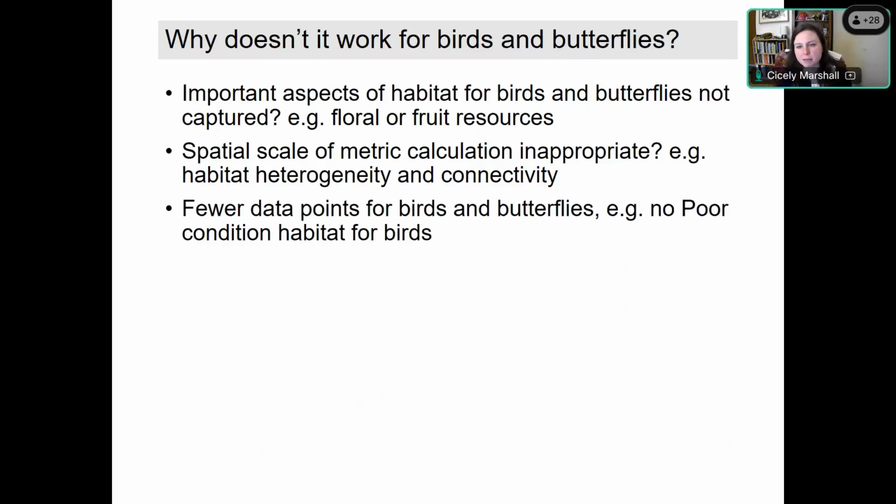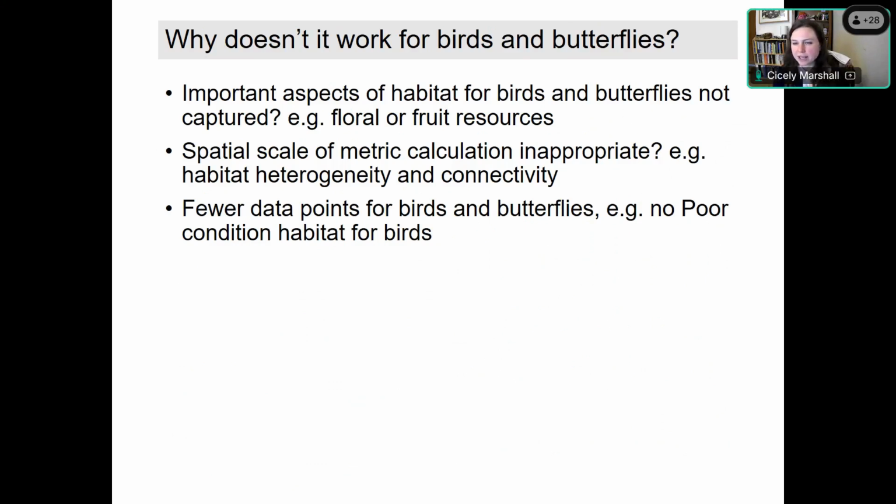It might be that the habitat criteria in most cases aren't taking account of the availability of resources which are important for those taxa. So we know, for example, that availability of floral resources is a really important predictor of insect species richness. That's not captured directly, it's captured in a rather noisy way.